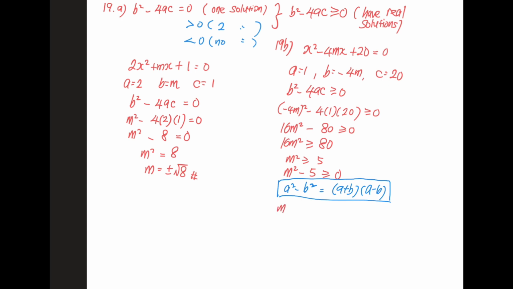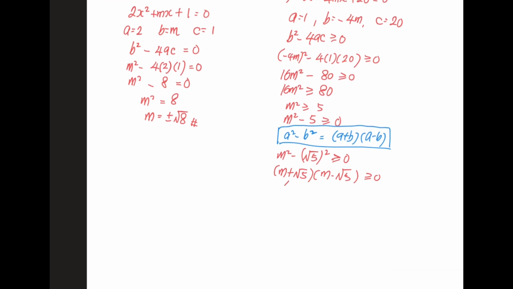So we change it to a difference of squares, m squared minus square root of 5 squared, and then we can use the formula: m plus root 5, m minus root 5, more than or equal to 0.